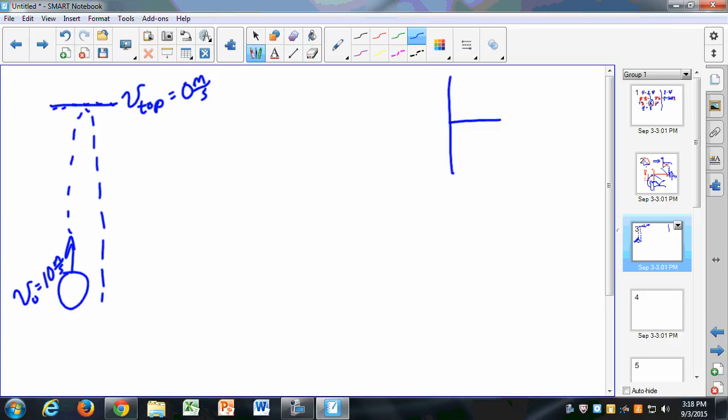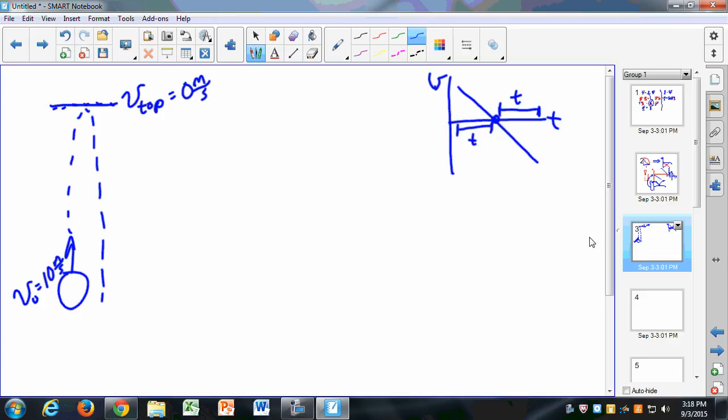Remember, the graph looks like this, for my velocity versus time for this motion. So at the top, the velocity is 0. And I also know that it takes an equal amount of time to go up as it does to come down. Those two times are equal.